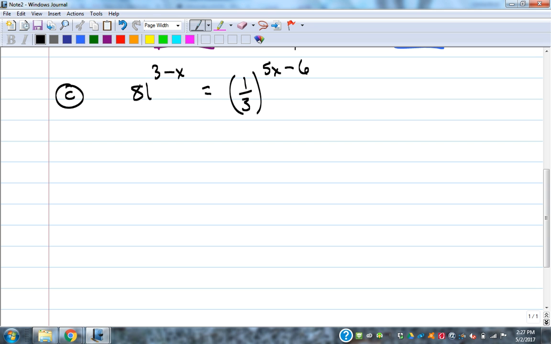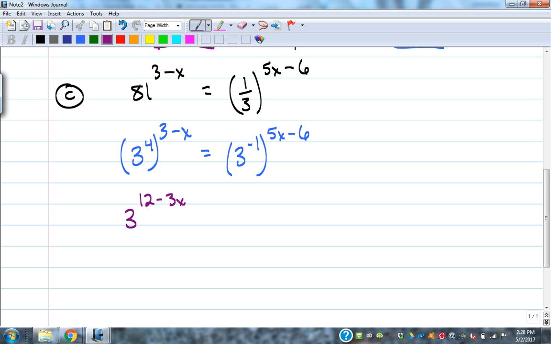So I'm rewriting these as 3s. 3 to the 4th, 3 minus x. 3 to the negative 1, 5x minus 6. So I've rewritten them as a base of 3 because they were related. 1/3 and 81 were related. So that's going to be 3 to the 12 minus 3x equals 3 to the negative 5x plus 6. Now that the bases are the same, they go away.